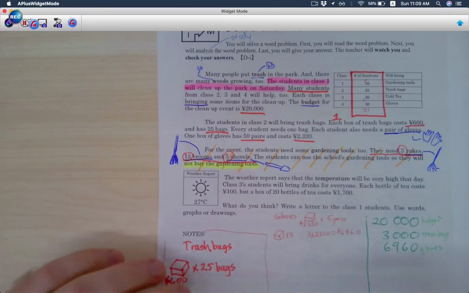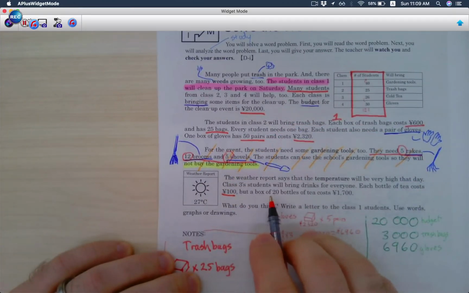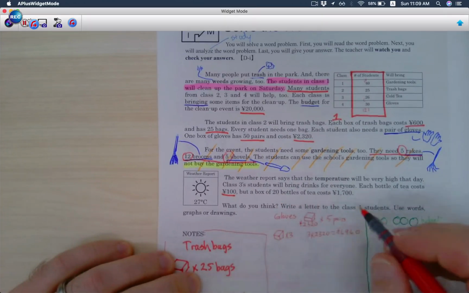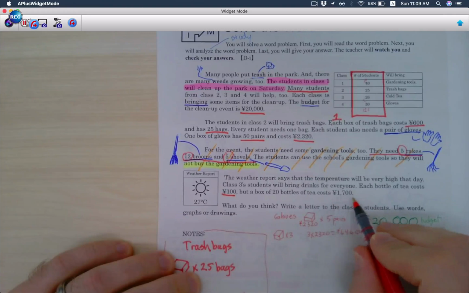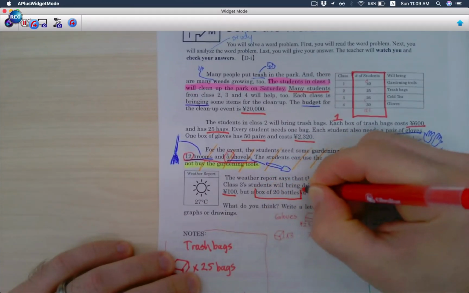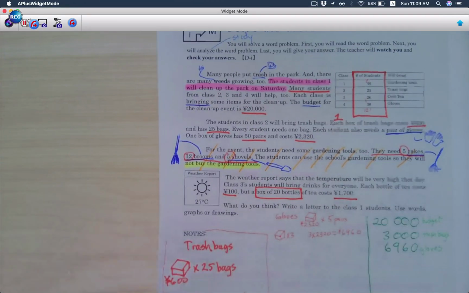Okay, bottle of tea. But a box of 20 bottles of tea costs 1,700 yen. So a box of 20 bottles is 1,700.